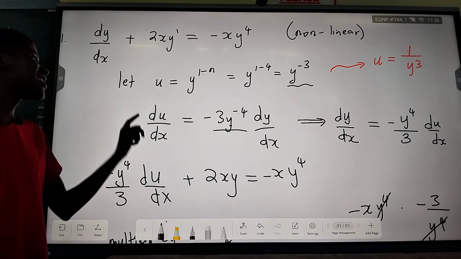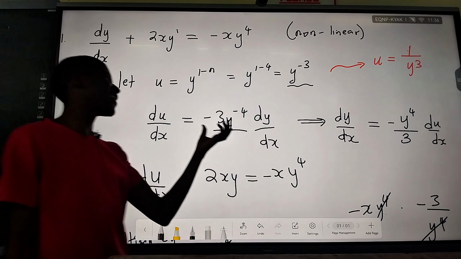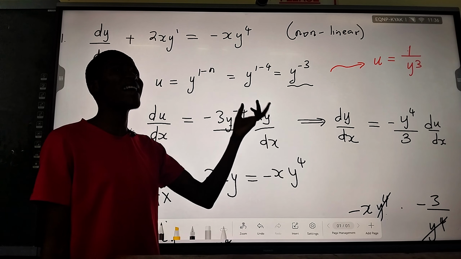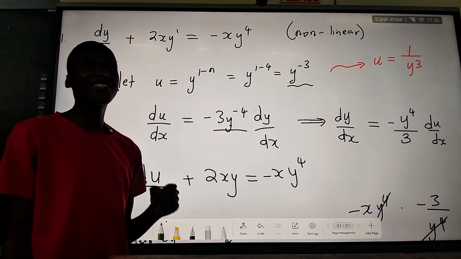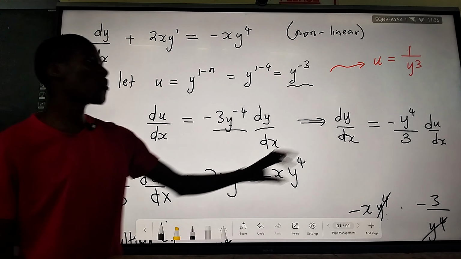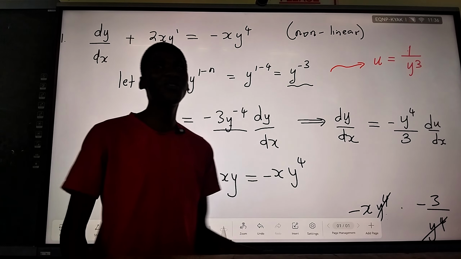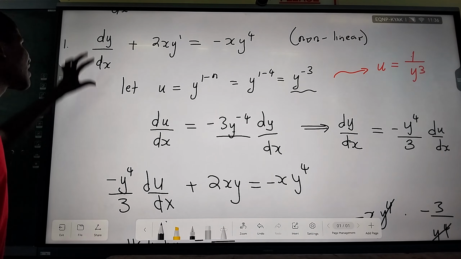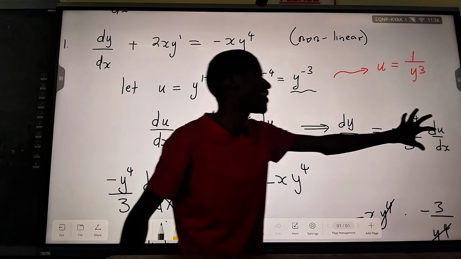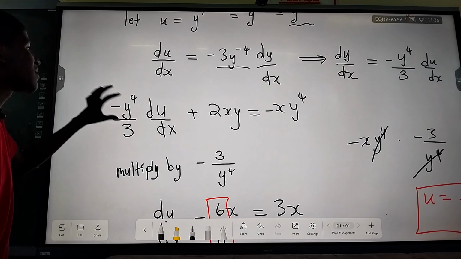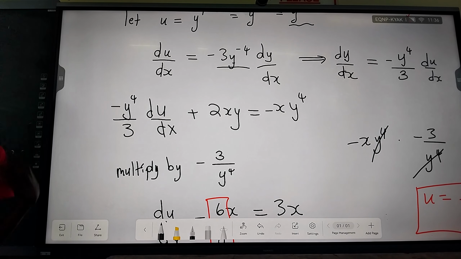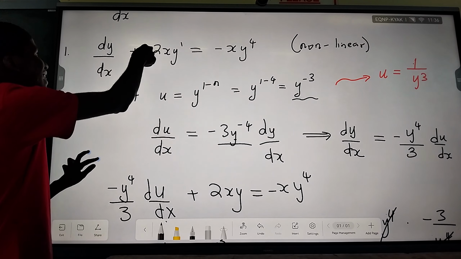So to find du dx, you have to differentiate y, then you multiply by dy dx. Then you make dy dx subject to the formula. So now you have dy dx and you substitute it, you put this one that is in terms of u. Plus, there is still a 2x there.